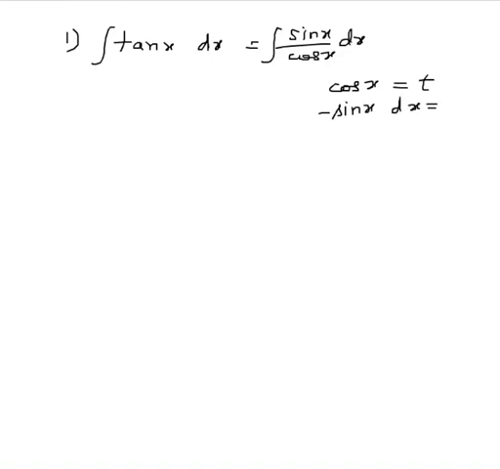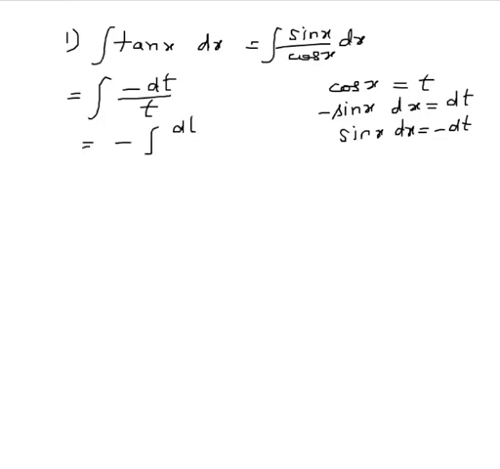Let us cross multiply. So we get minus sin x multiplied with dx is equal to dt. Therefore, the integral becomes sin x dx is minus dt. Therefore, the numerator becomes minus dt divided by denominator cos x, which is t.